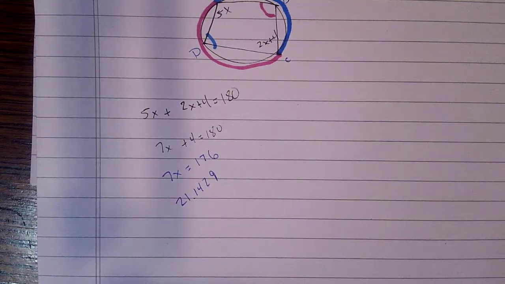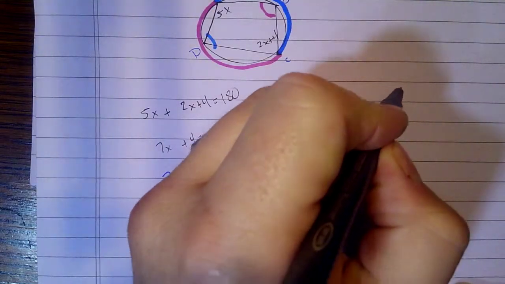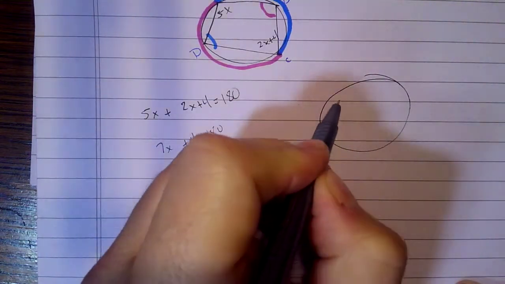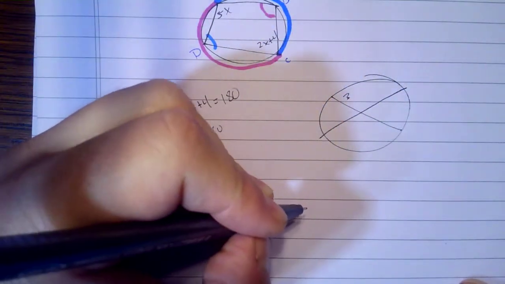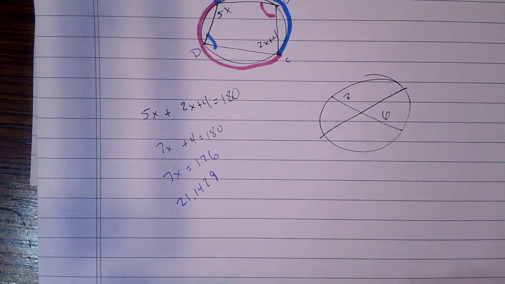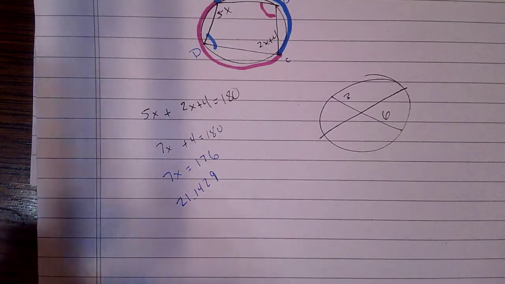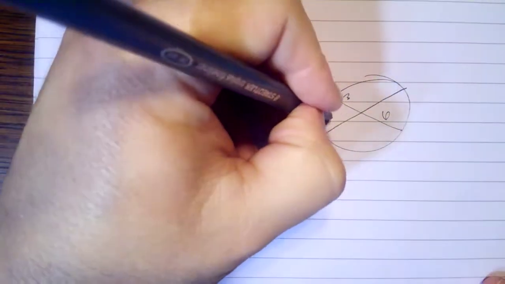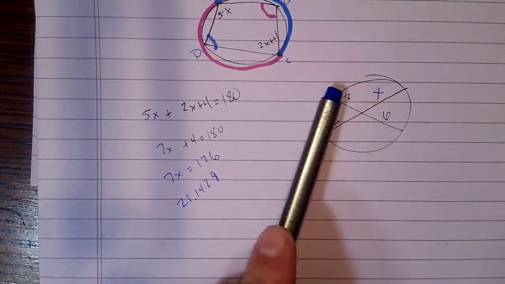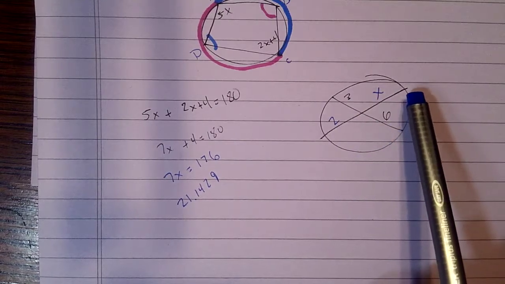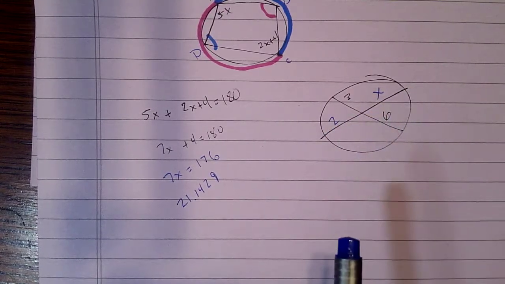All right. Last part of that first section. Say you have a circle. Hey, you would think this test is like on circles or something, right? So this is 3 and 6, and this is 2 and x. When you have chords, remember a chord is a line that goes from one end of the circle to the other end of the circle.